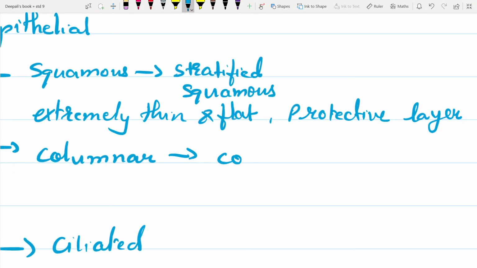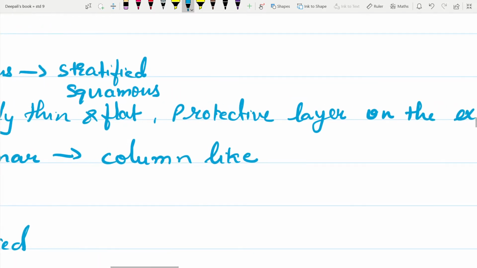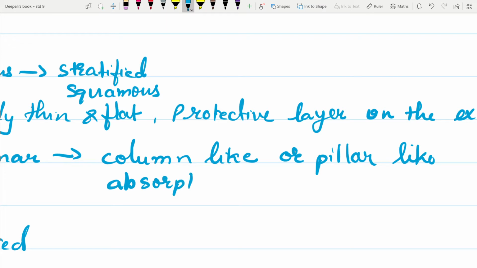They are column-like or pillar-like. And they carry out absorption. Their function is to absorb various components in the body. And they are seen in the alimentary canal.